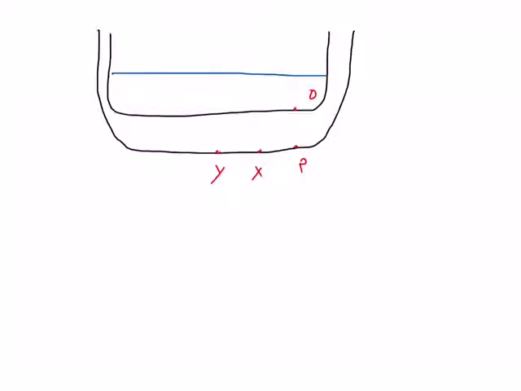So we shine it in here, and that's what we're told, and we have an angle theta 1. Actually, let me see if I can do that a little bit better. That's a little better. Okay, so that's what we have so far.